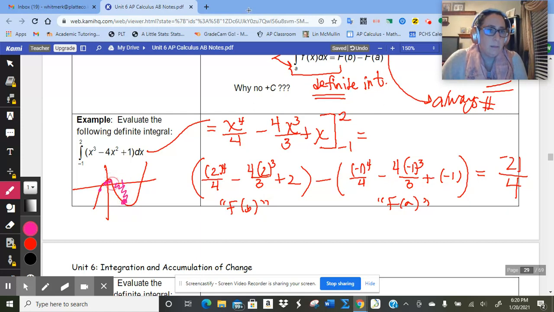So this area that I have accumulated is more negative than positive. Hence why I got a negative area, meaning more was below than above. And to get that area, it took the area above and subtracted the area below. And that totaled to negative 21/4. Are you guys excited? Okay.